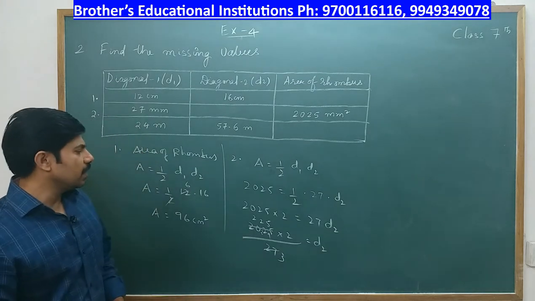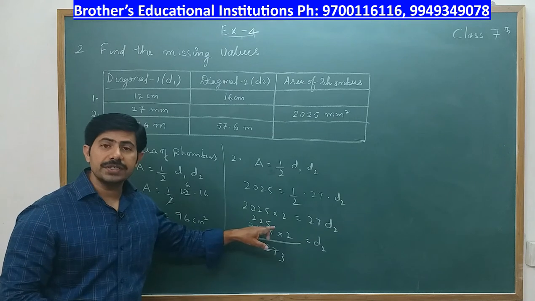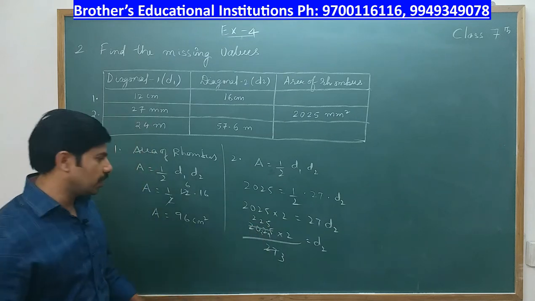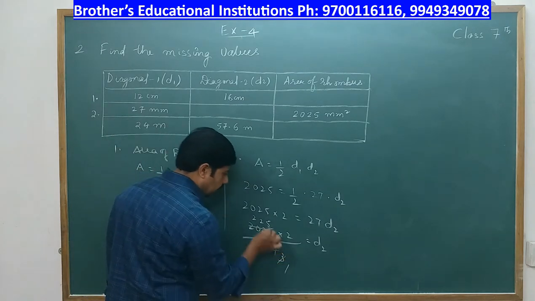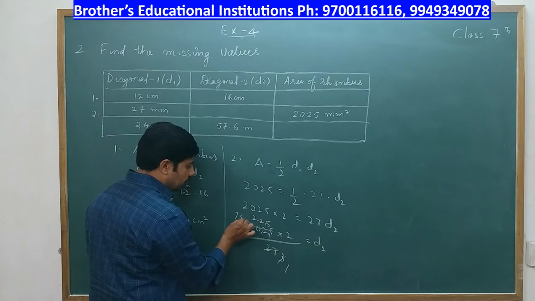Once again we'll check 5 plus 2 7, 7 plus 2 9, sum of the digits is 9, 9 is divisible by 3, so we can eliminate by 3. So 3 1s are 3, 3 7s are 21, so remainder 1, 3 5s are 15.